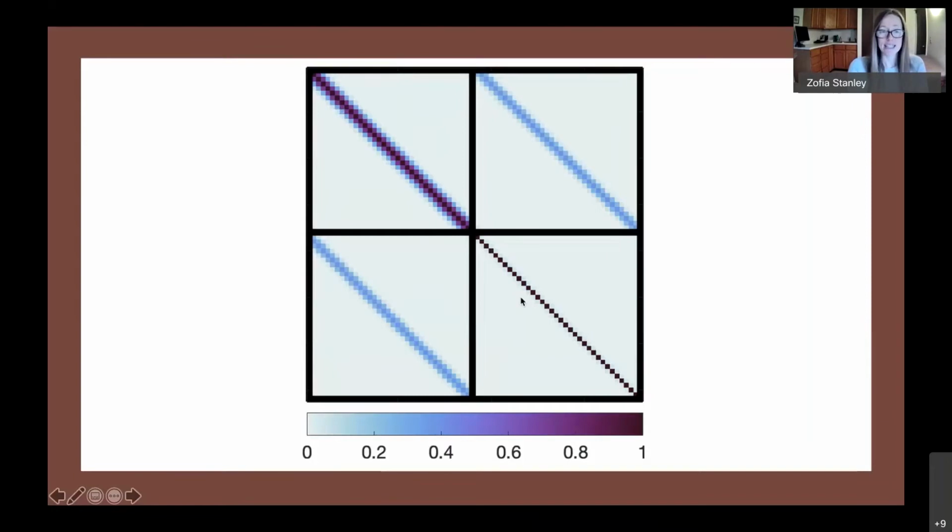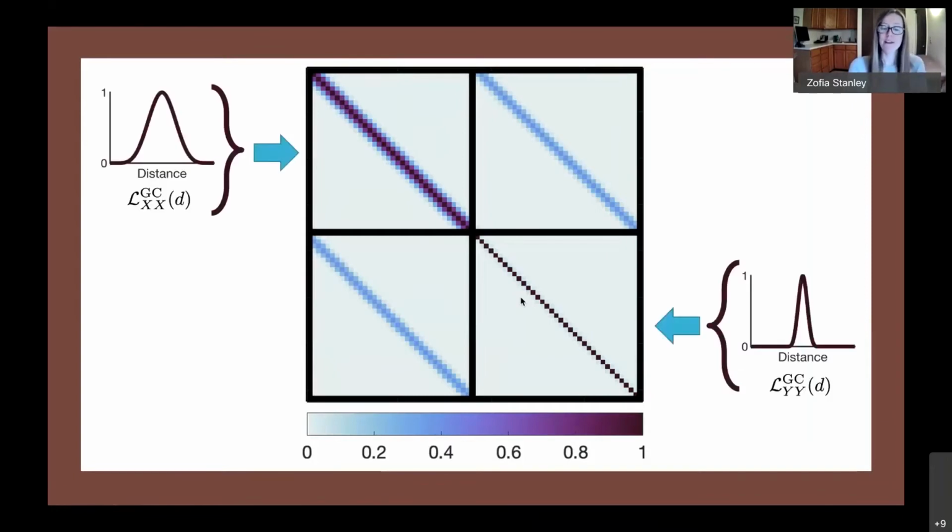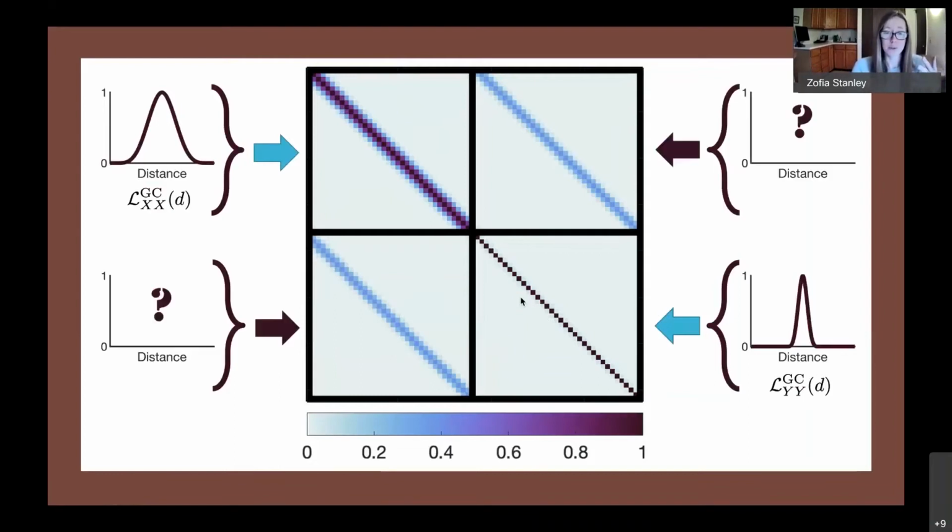I want to ask a very specific question, which is, if we have certain functions that we want to use to construct these diagonal blocks, what functions can we use to construct the off-diagonal blocks? I'll break that question down a little bit.